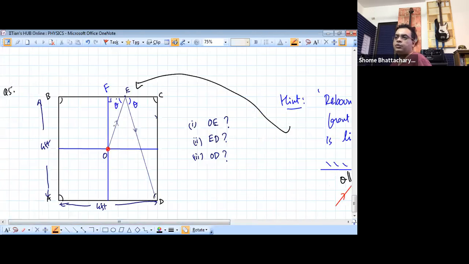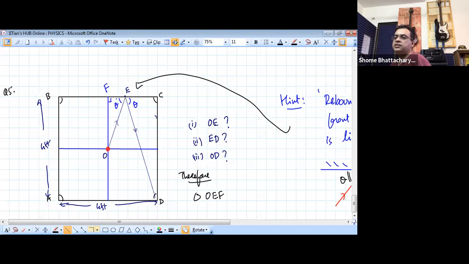Okay. So now the moment you understand that, you can see triangles OEF, that is this triangle here. Just follow my cursor. This triangle OEF, and this larger triangle DEC.